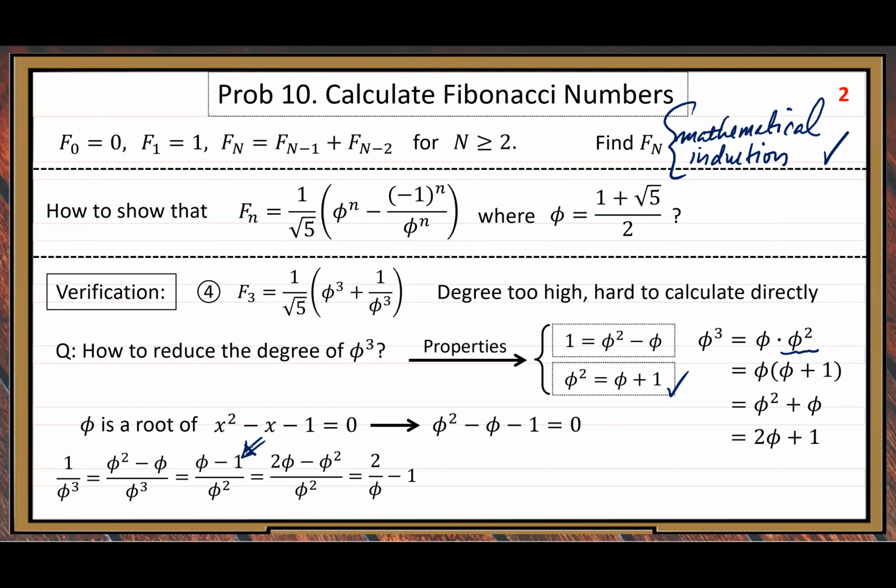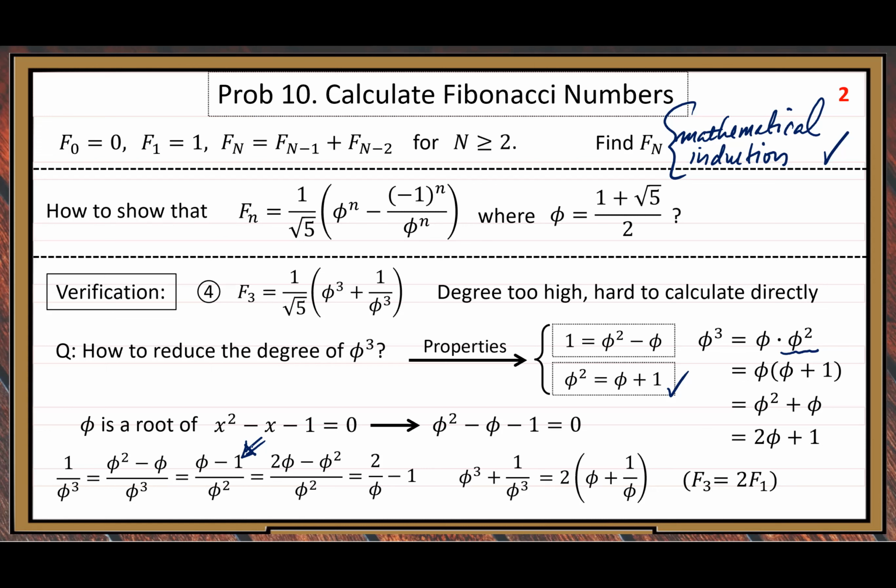Now let us add up these two expressions. After simplification, we have this 2 times phi plus 1 over phi. This relationship we can recover to the original relation for Fibonacci numbers, equivalent to F3 equals 2F1.